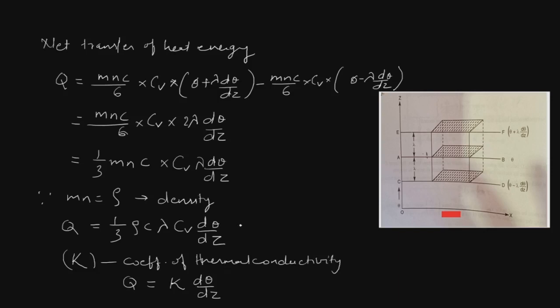And now these two equations can be equated, and after equating the two equations we get K d theta by dz as equal to 1 by 3 rho C lambda Cv d theta by dz.